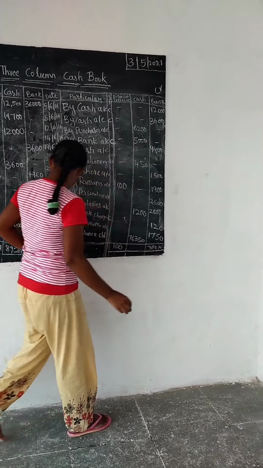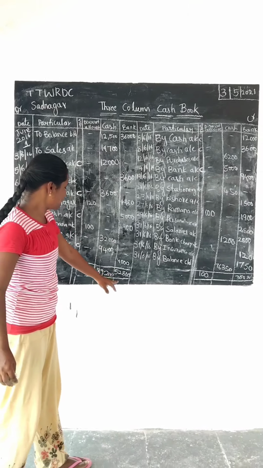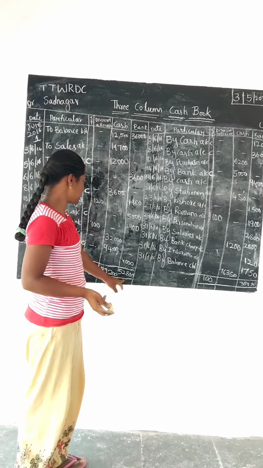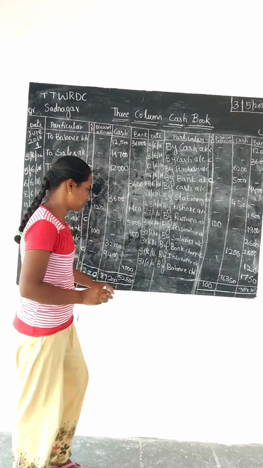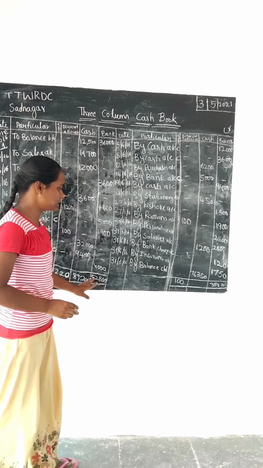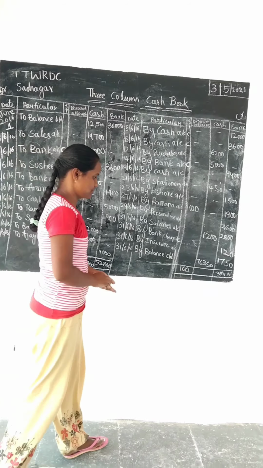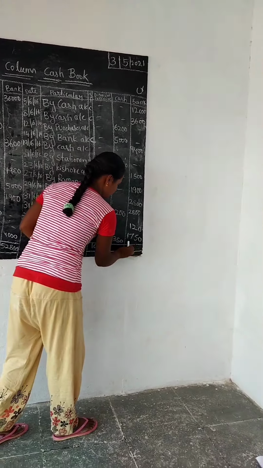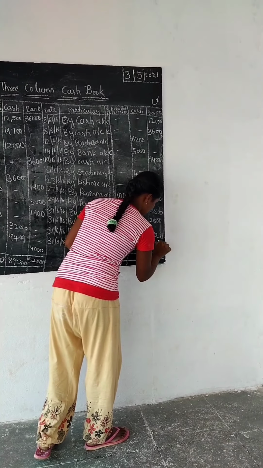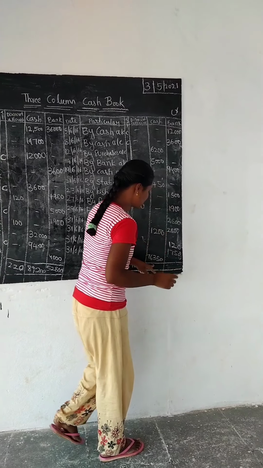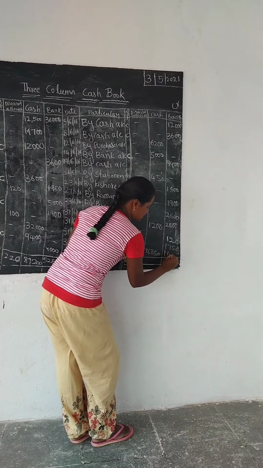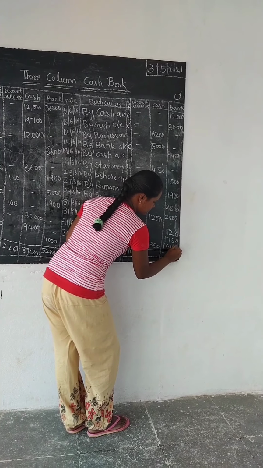And here also in the bank column, compared to the credit side, the debit side is higher. So we minus 52,800 minus 35,870. So here the amount is also 16,160.